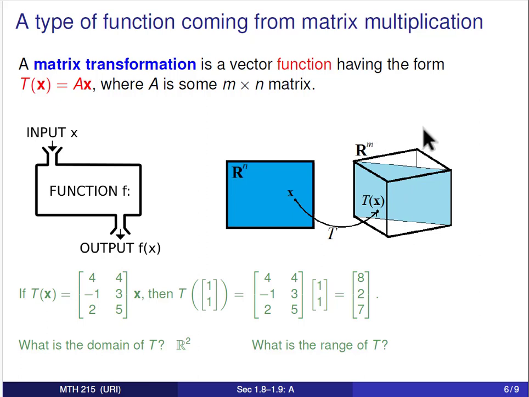If you can imagine that the set of 3-dimensional space is indicated by that box there, the range may actually just be a subset of that space. It may not include everything in that space. It may just include a slice of that space. All right, so in general, finding the range or the image of a matrix transformation can be a little bit more involved than finding the domain. What we can say right away, though, without thinking too much, is that the range is a subset of R3.